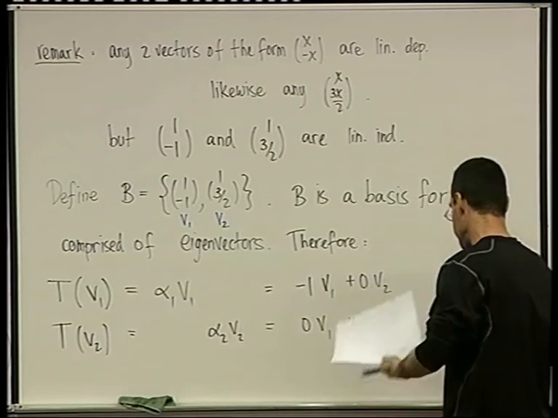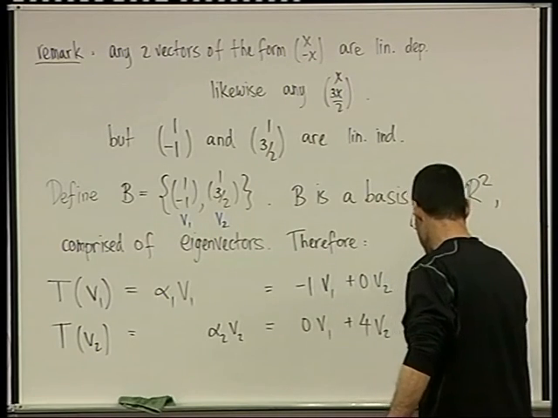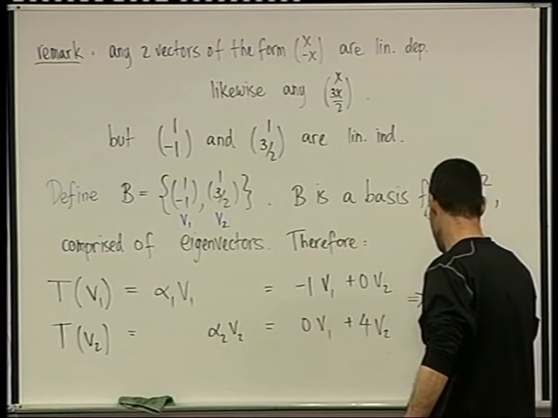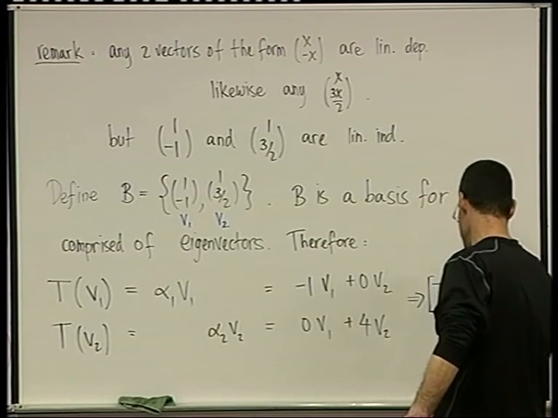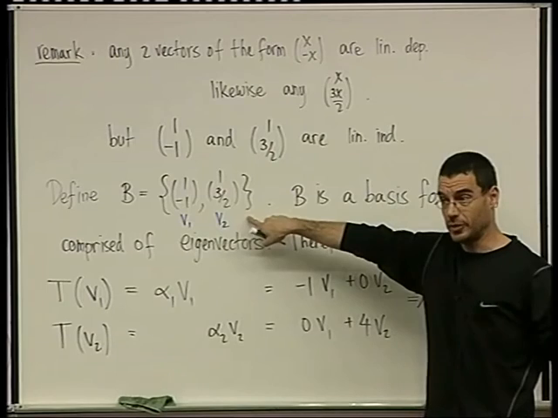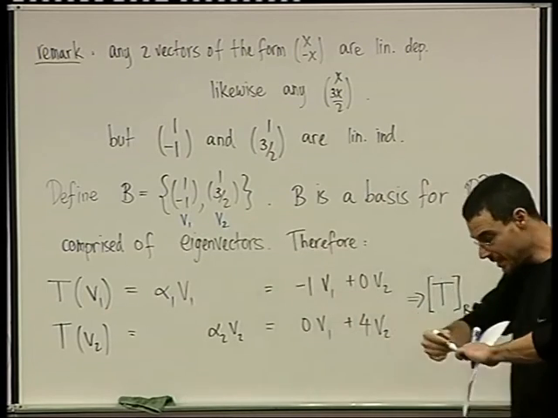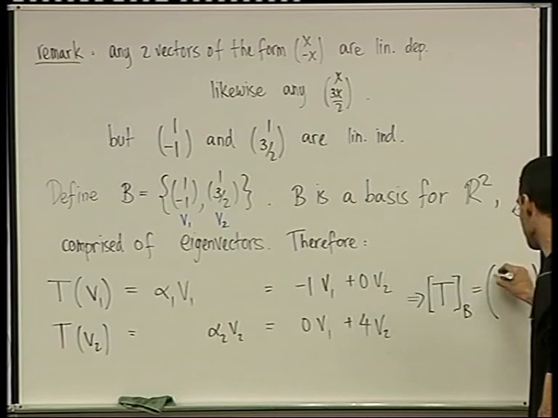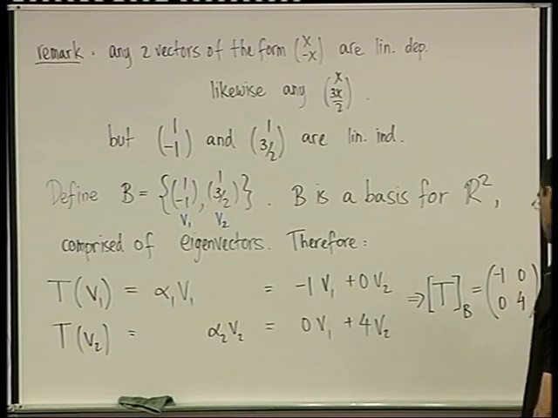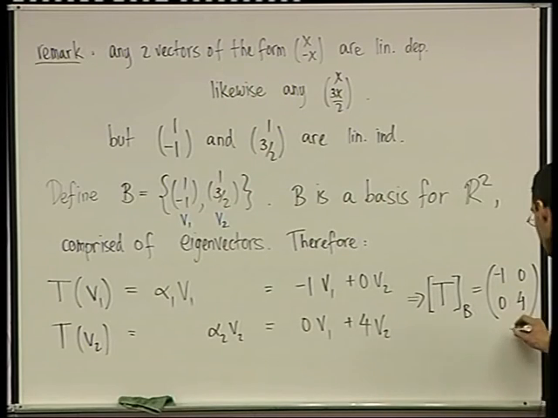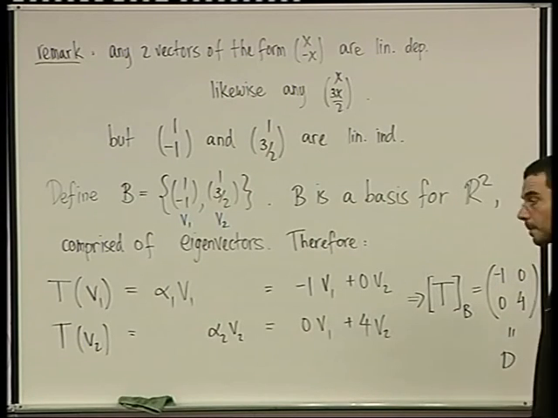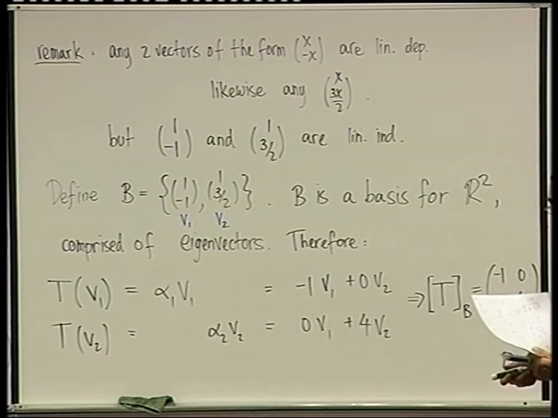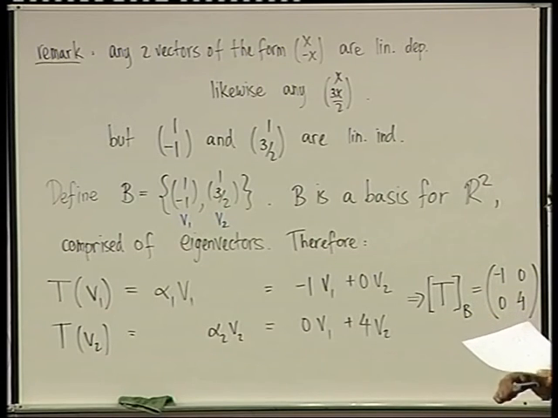So the matrix representation of T with respect to this basis of eigenvectors that we constructed, B, is none other than the diagonal matrix -1, 0, 0, 4. That's our D. Good? Everybody?